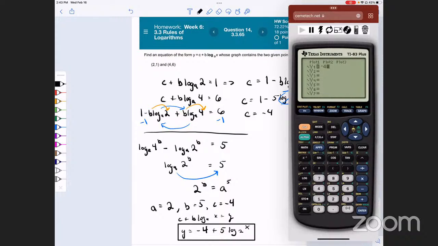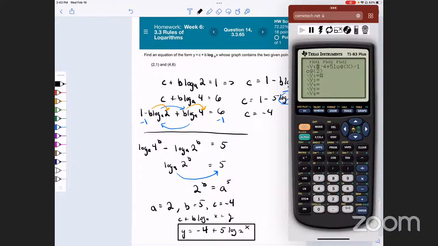Negative 4 plus 5 times the log of X, but we gotta account for that base of 2, so we're gonna say divided by the log of 2, change of base form. Okay, I'm gonna hit enter.